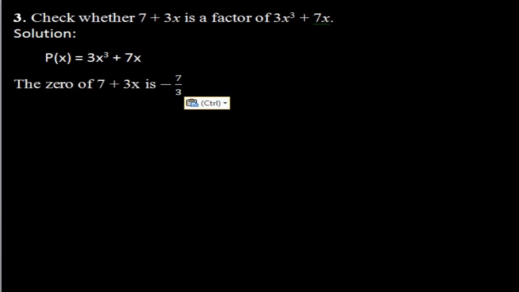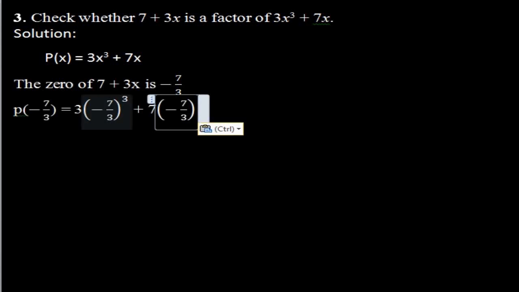What is the next step? We will substitute this minus 7 by 3 in p of x. So we get p of minus 7 by 3 is equal to 3 into minus 7 by 3 whole cube plus 7 into minus 7 by 3. Now simplification.